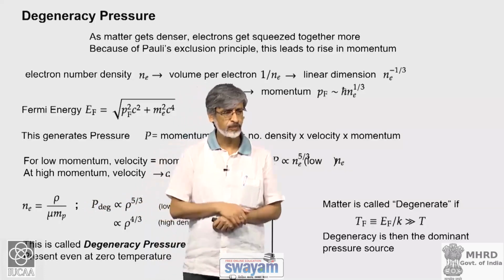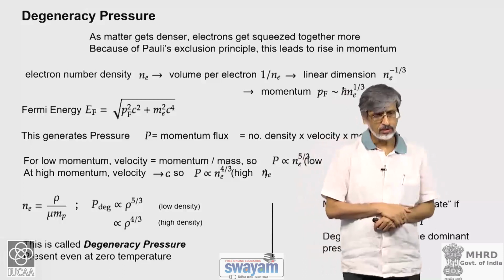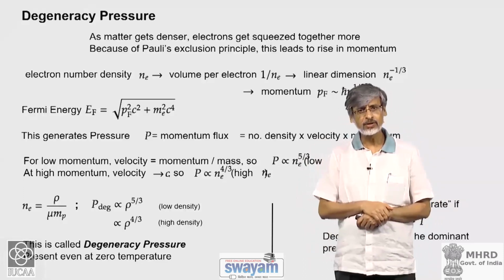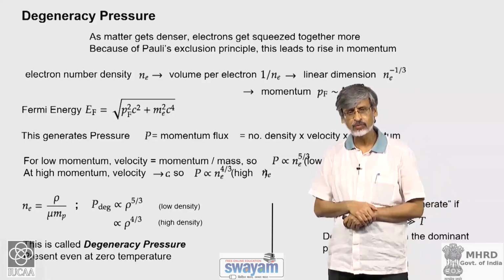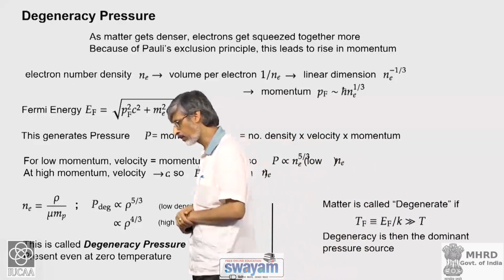Which means if there are mu nucleons per electron, then most of the mass comes from the nucleons and not from the electron.